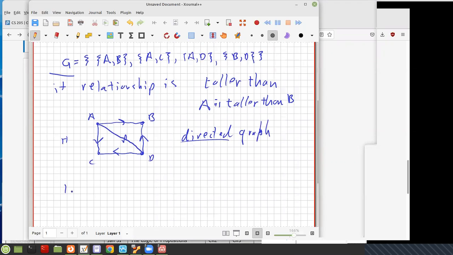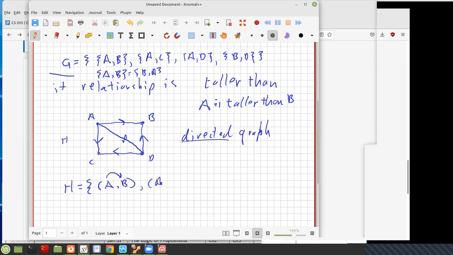So here we can still write it as a set, but for sets, AB equals BA, because in a set the order doesn't matter. But here we're going to have a set of ordered pairs. Here we can say A, B, because the arrow goes from the first to the second, originates here, so that this corresponds to this edge.